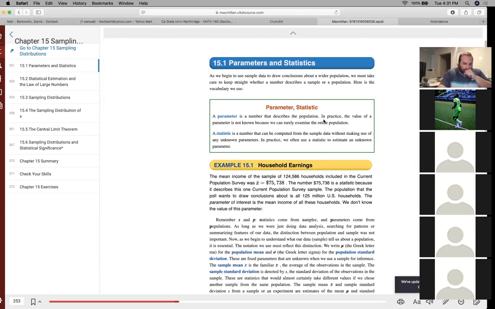In practice, the value of a parameter is not known because we can rarely examine the entire population. All right? How are you going to check every single person? Even if you can somehow manage to do that, by the time you're done, people will have probably changed heights to some extent or died or born. It's not feasible. And even if you say, no, you know what?